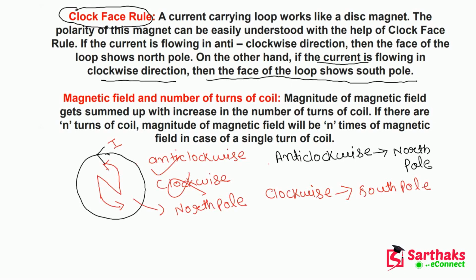This rule tells us that if the direction of current is anti-clockwise, then the face will act as a north pole, and if the direction of current is clockwise, then it will act as a south pole. I hope you understand this point. Now let's move ahead to the next slide.